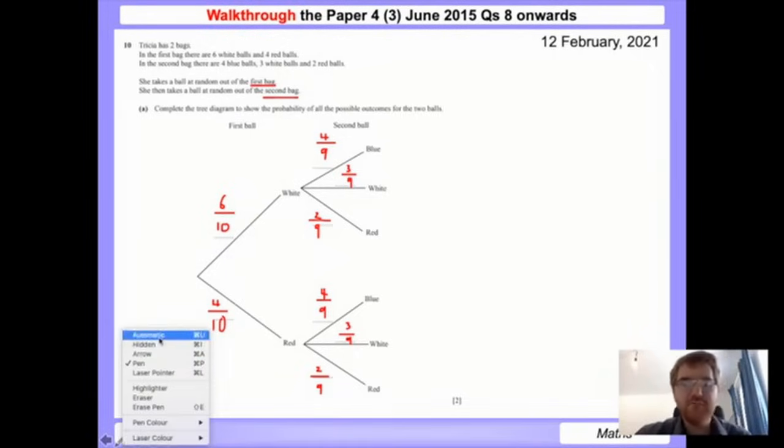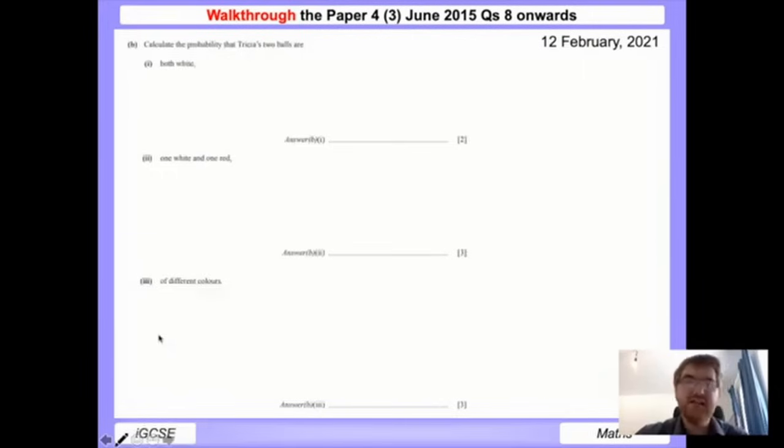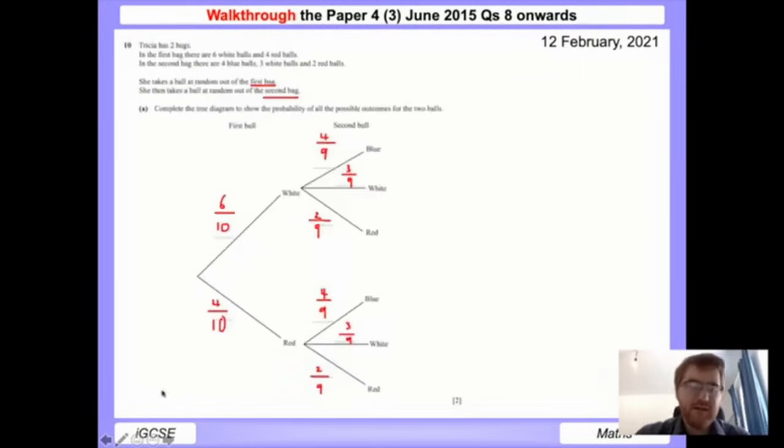Now they ask you some probability questions linked to this. So first of all, we want to work out the probability that Trisha's 2 balls are both white. So let's go back. We want the probability of white, the way I tend to write it. The way we do this is we take the probability of the first one being white, that's 6 over 10.